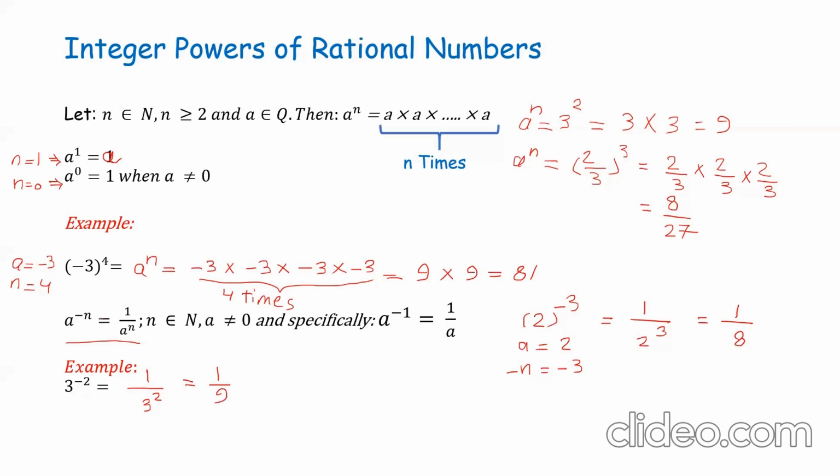In a specific case, when n equals 1, this gives me a to the power of minus 1 equals 1 over a. That is, 1 over a is the reciprocal of a.